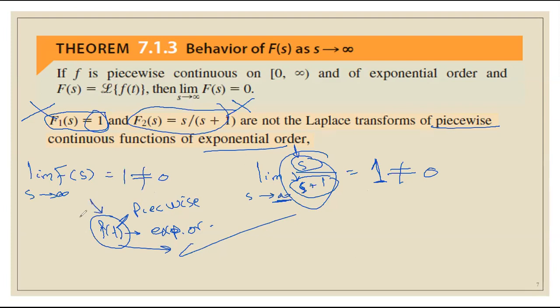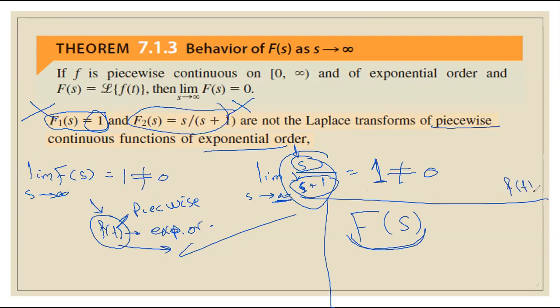This is for f small. Now, the new thing we studied: if you have F capital of s, I need you to check if this function is the Laplace transform of any specific function of t, such that this f of t is of exponential order and piecewise continuous. How to check?